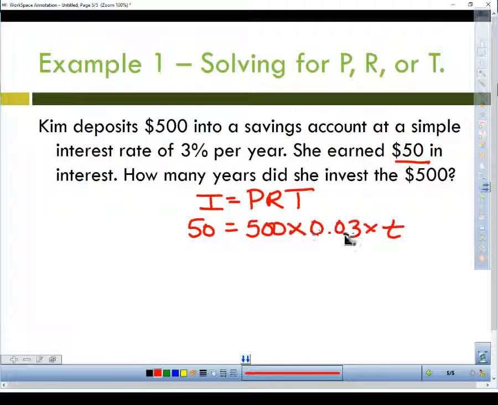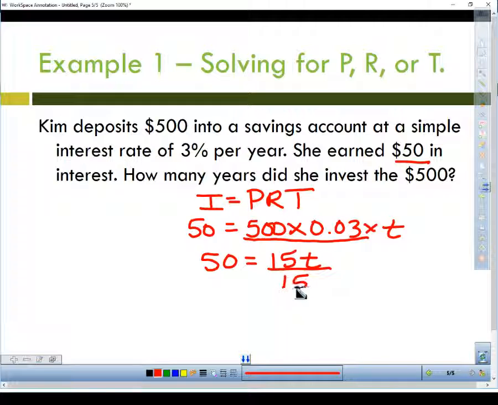I shouldn't have used multiplication symbols. I should have used parentheses. Now we have to solve for t. First thing we want to do is multiply these two numbers. 500 times 0.03 is 15. So I have 50 equals 15 times t.